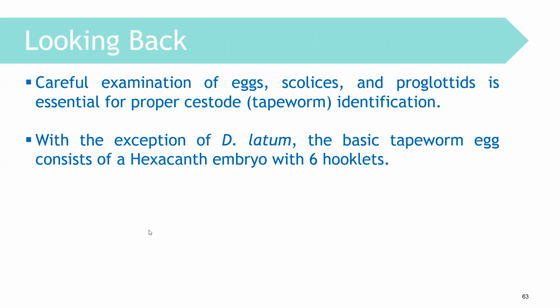So take note, guys, that careful examination of the scolex and proglottids is essential for proper cestode identification, most especially the eggs of Taenia, which are indistinguishable from one another.